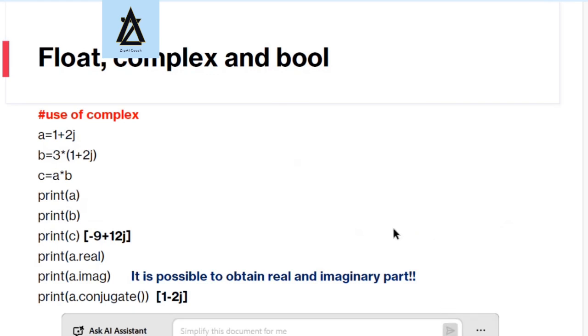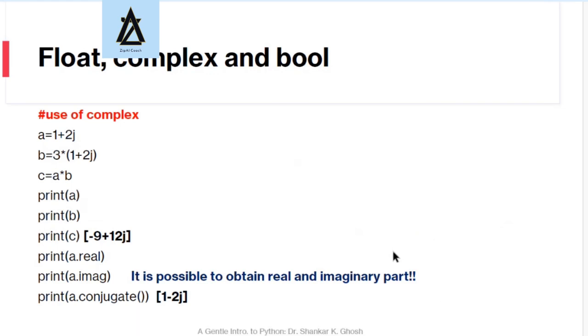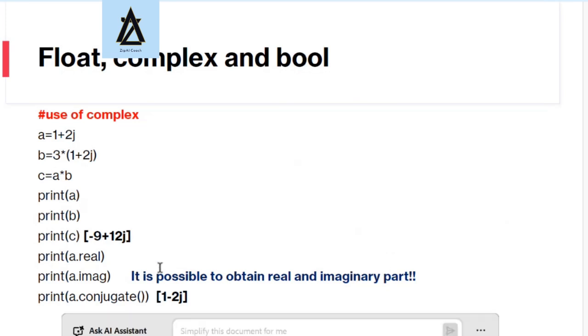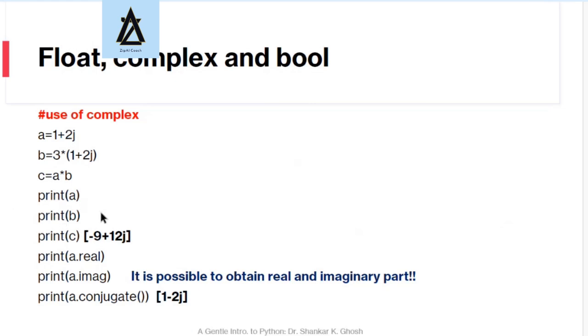Python also introduces another data type, which is bool, that means the Boolean. And also it has a provision to represent complex numbers. For example, let's say two complex numbers A and B are there. If you want to print those complex numbers, you can write print A, print B, and it will print.